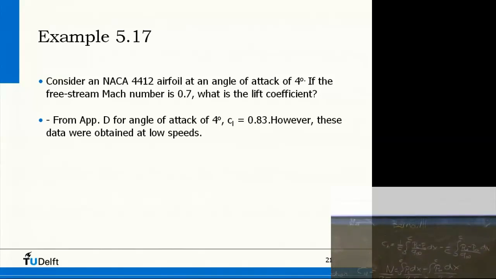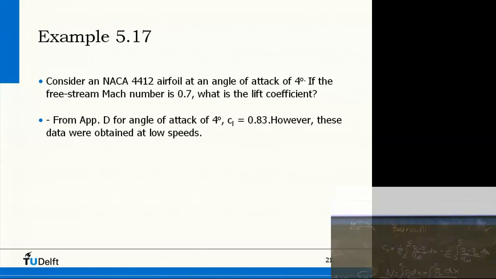Now, what would that mean for the compressible lift coefficient? So we have CL0 is 0.83. How do we get to the CL, the compressible one? Using the Prandtl-Glauert rule, we just divide by the square root of 1 minus Mach infinity squared. So quite straightforward.